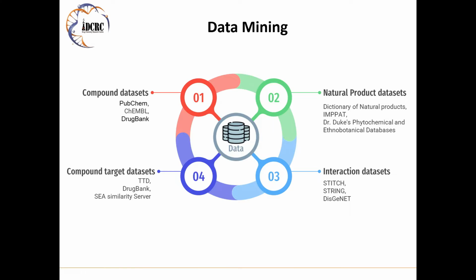Suppose we have a new chemical entity whose target information is not available. We go to the similarity server and provide the structure of that compound. Then we get the interactions predicted by the server, which can be the probable interactions of that compound. So this server is very useful when we want to predict the target of a particular compound. These are basically the important data sets for data mining.